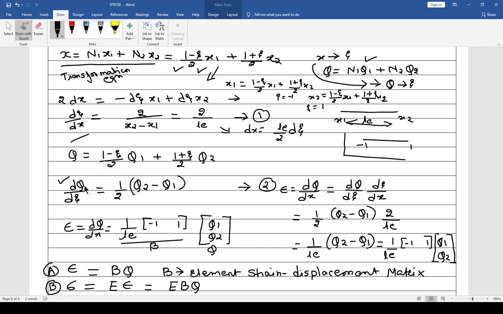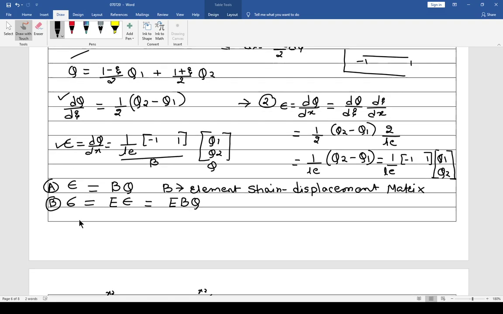Once we get dq by dx, from that we get the strain. Once we know the strain, we can use Hooke's law to identify the stress, that is sigma.